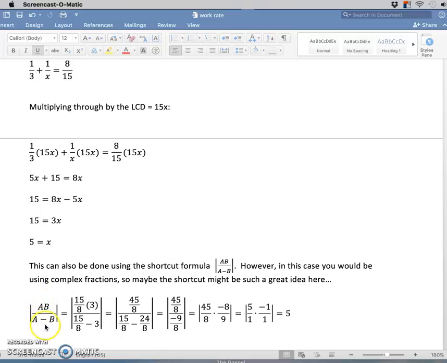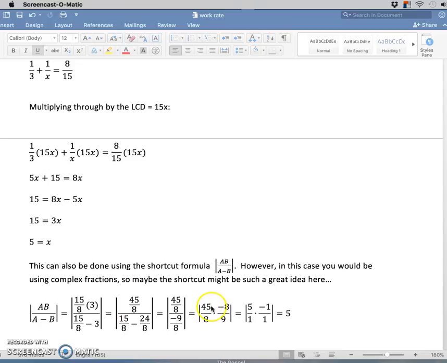But a times b over a minus b would be 15/8 times 3 over 15/8 minus 3. 15/8 times 3, remember that's like 3/1. So really the 3 just multiplies to the numerator to give you 45/8. This 3 is like 3/1. You need a common denominator in order to subtract those guys. So 3 becomes 24/8. 15/8 minus 24/8 is a -9/8.